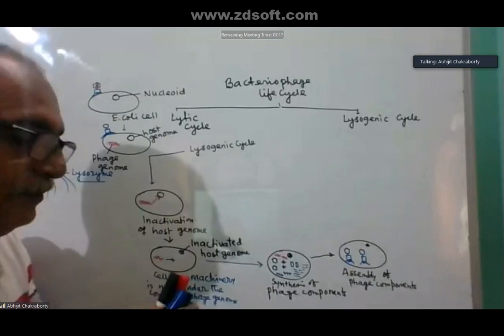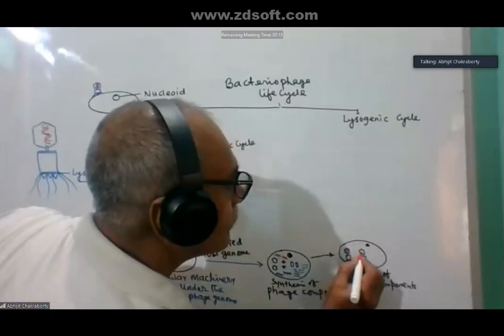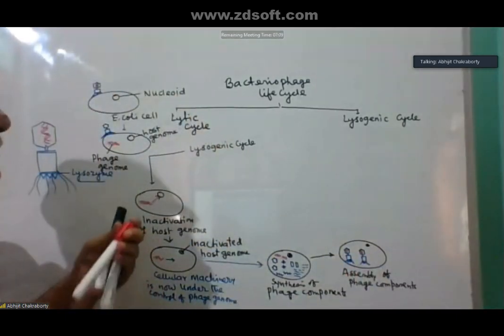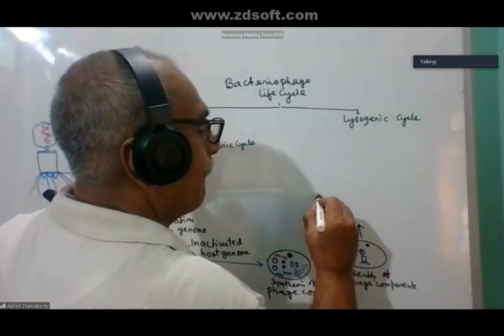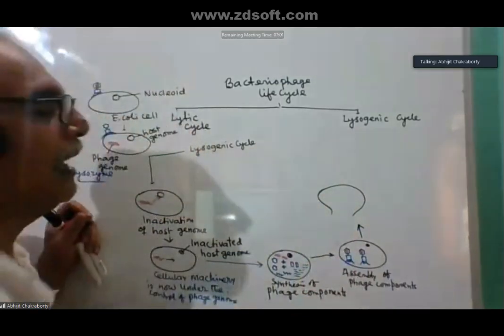Phage DNA is formed and packed with the nuclear material inside. Then lysis.